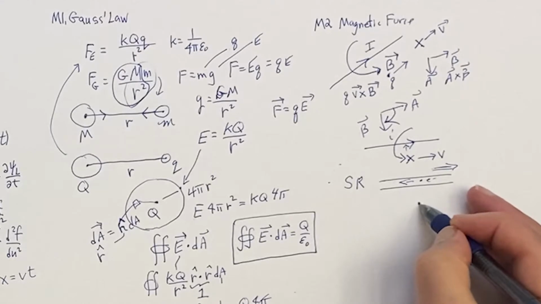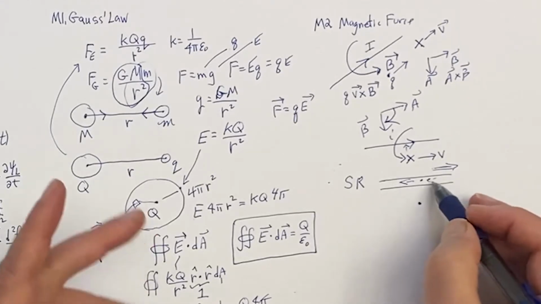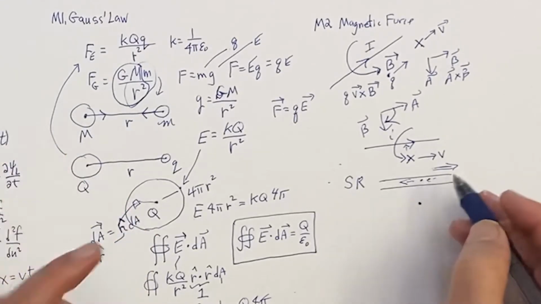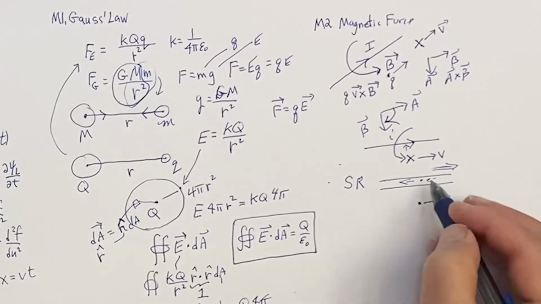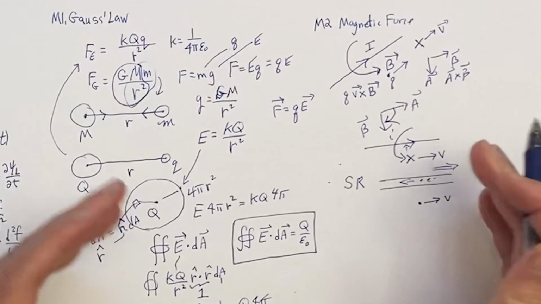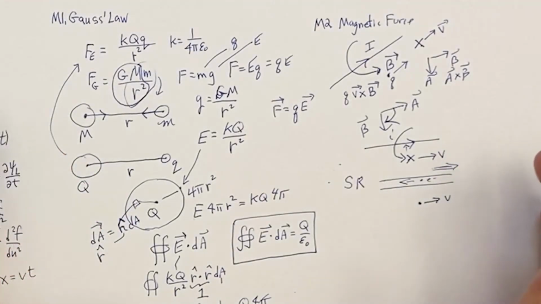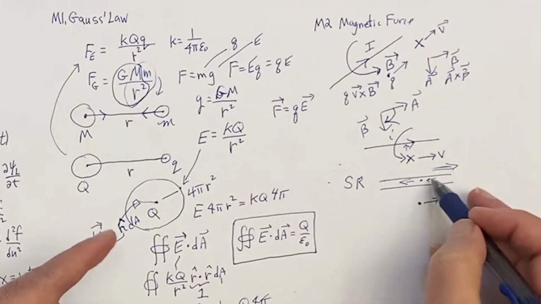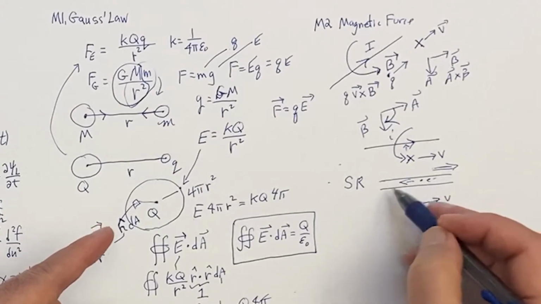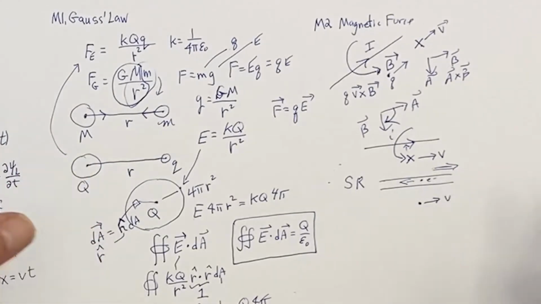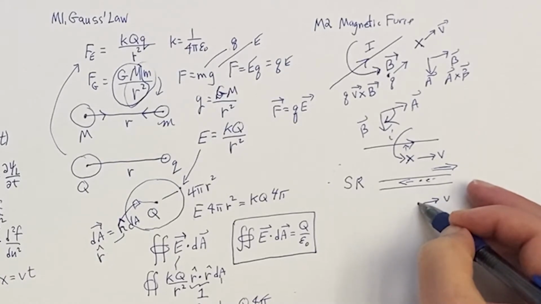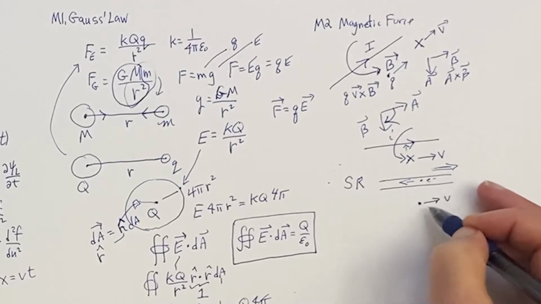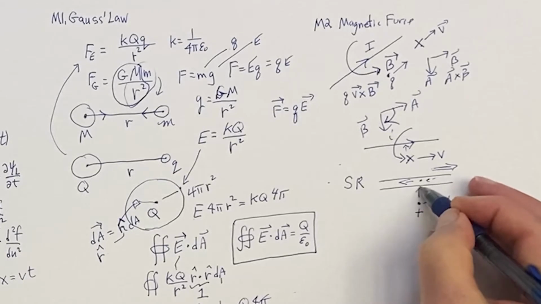A charge here sees nothing because there are just as many positives as negatives. But if you travel with a velocity v, then because of Lorentz contraction effects, which you learn in relativity, the electrons moving the other way have more relative velocity. They contract more, so you see more negative here, and the plus charge wants to go toward the negative.